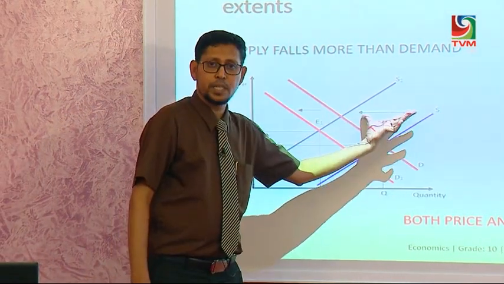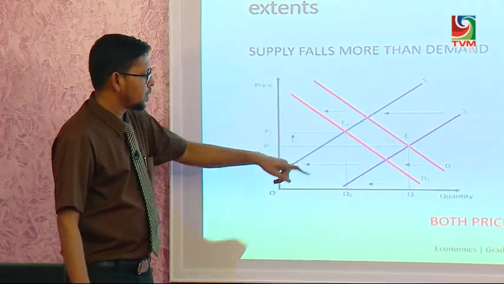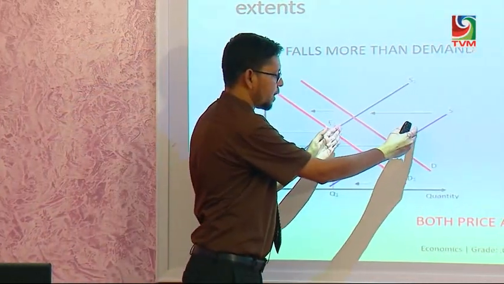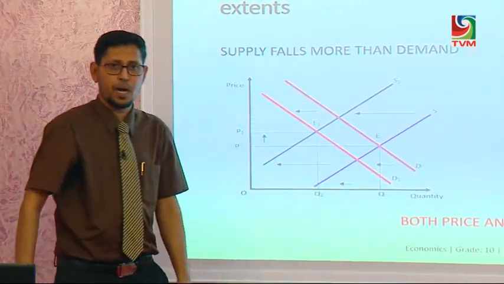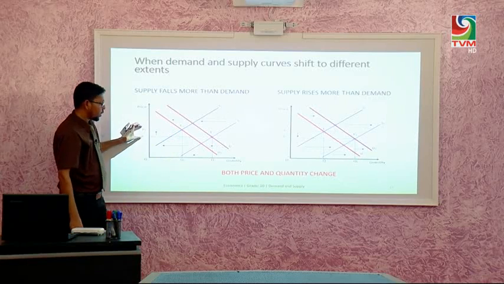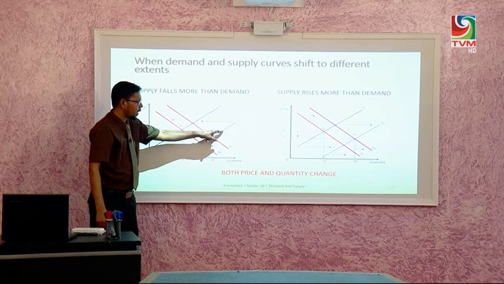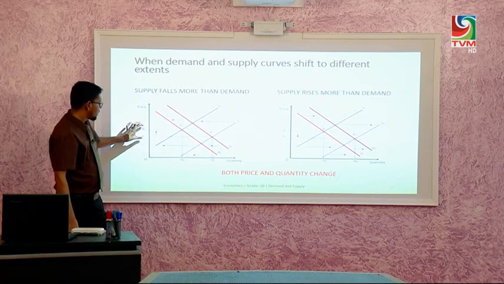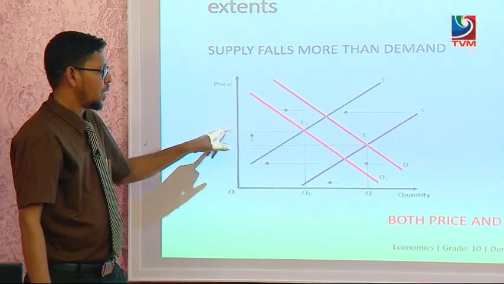There is a more decrease in supply than the demand decrease, which means there is a shortage. Supply decreases more than the demand, which means there is a shortage. A shortage always increases the price.